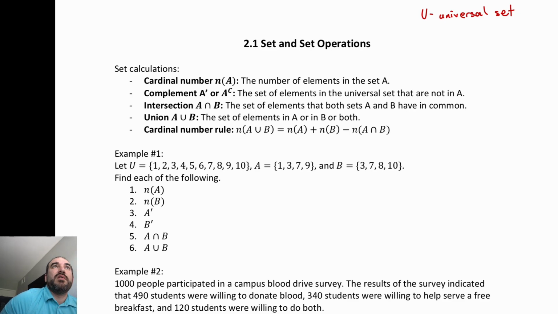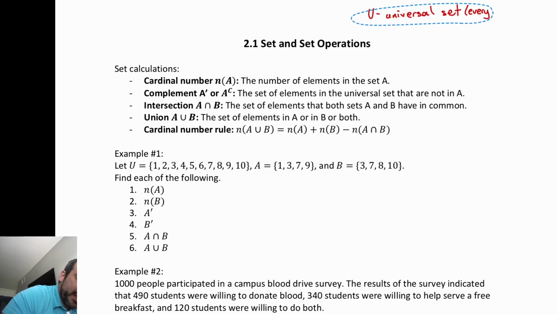And the universal set is going to represent pretty much everything in the scope of the question or the example we're looking at. So everything in scope of the problem.